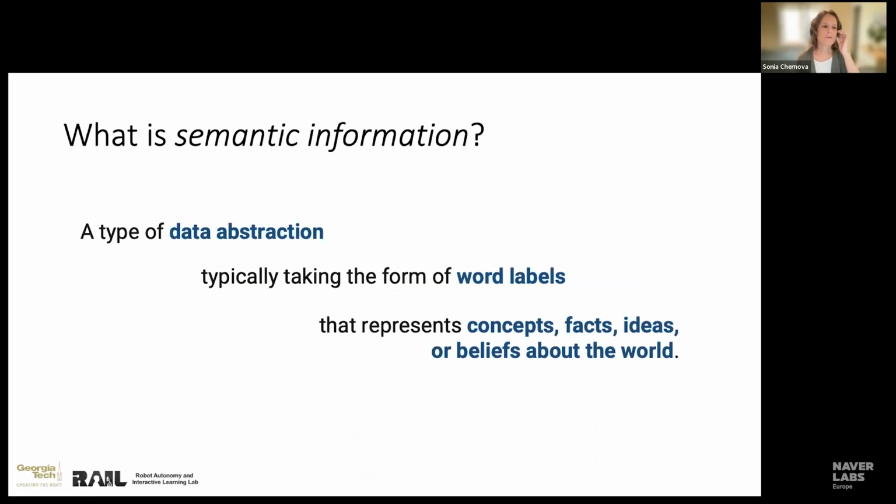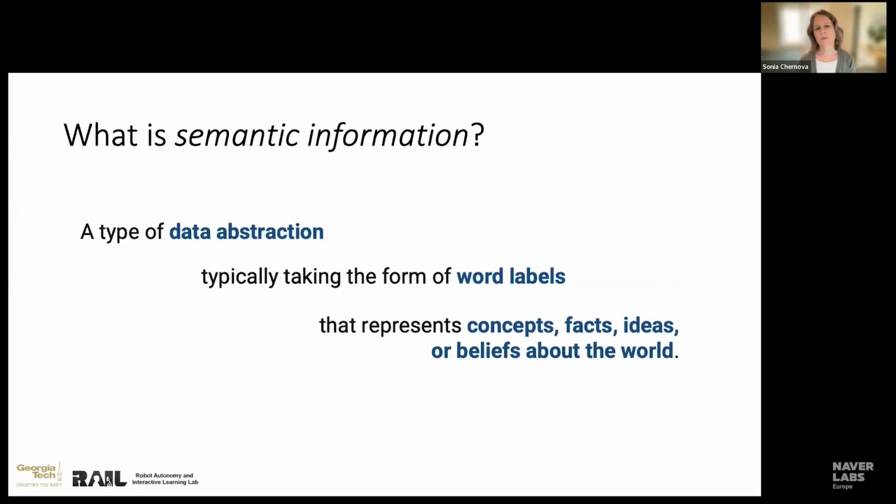As a general definition, what I mean by semantic information is a type of data abstraction. Fundamentally, anytime we're talking about semantics, we're talking about taking raw-level data, so pixels, XY coordinates, images, and abstracting them. We typically assign word labels to that abstracted data, and these word labels represent concepts, facts, ideas, or beliefs about the world that enable us to generalize information.